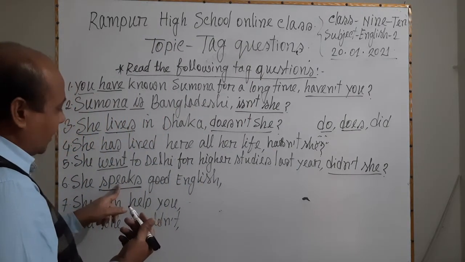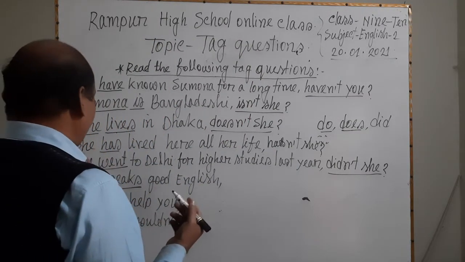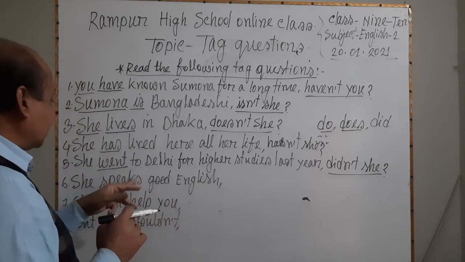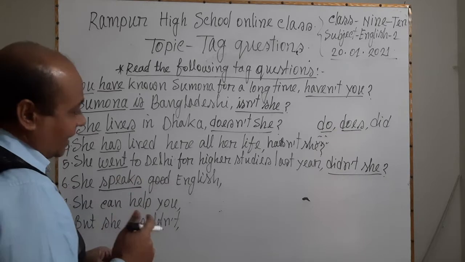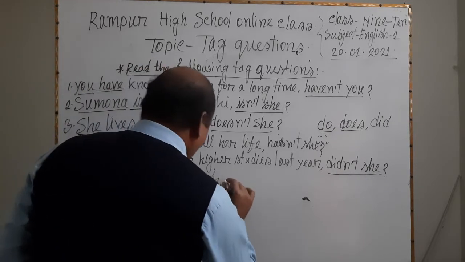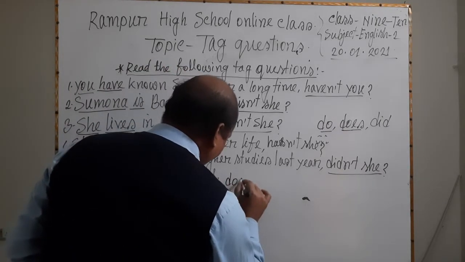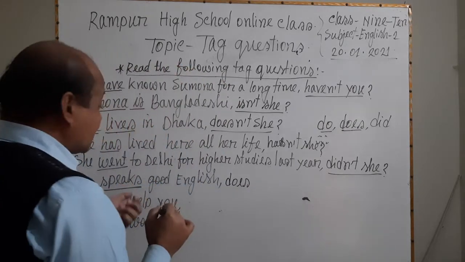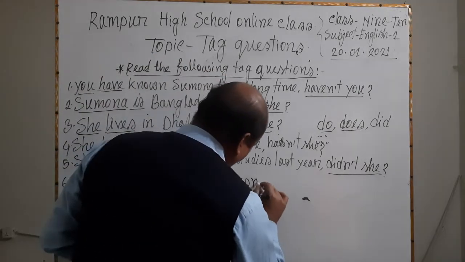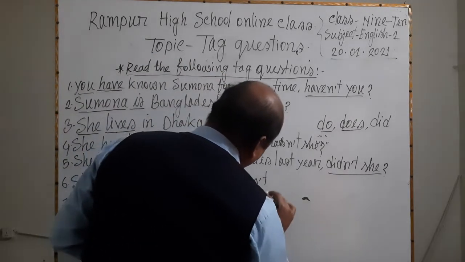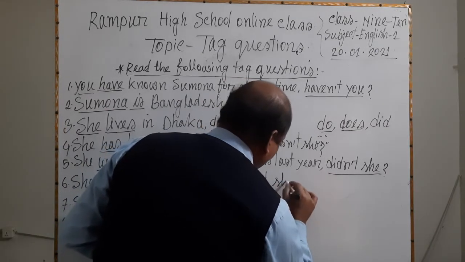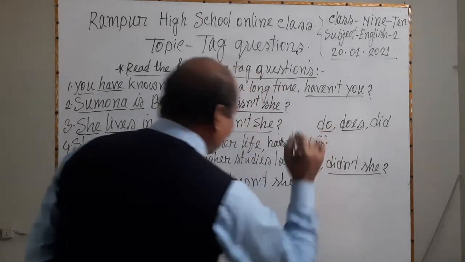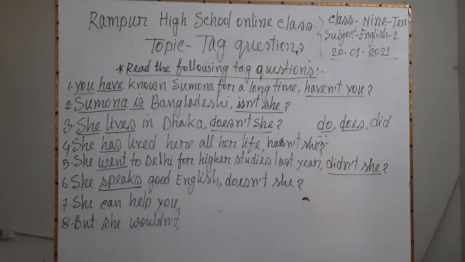As it is present form and it is with s or es on the principal verb here, we must use does. And as it is affirmative form, then we will use not as a contracted form, then subject she, then sign of interrogation.